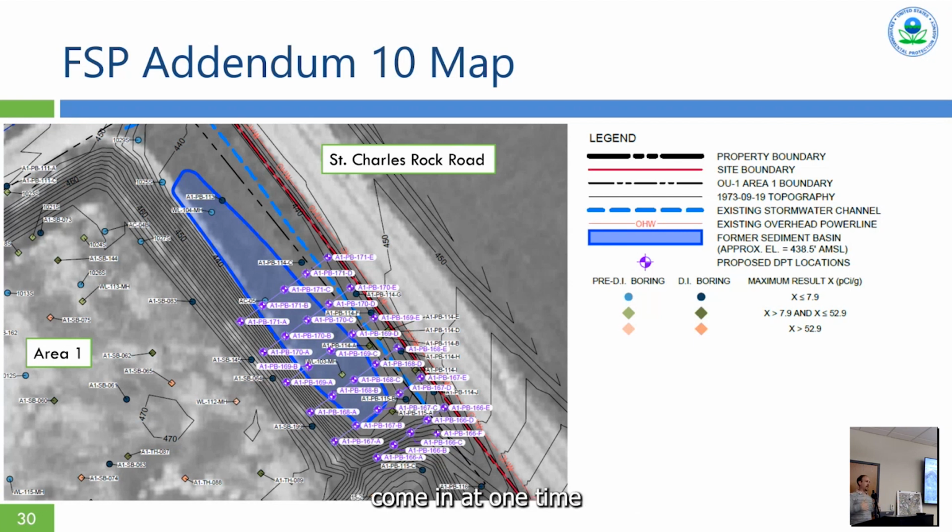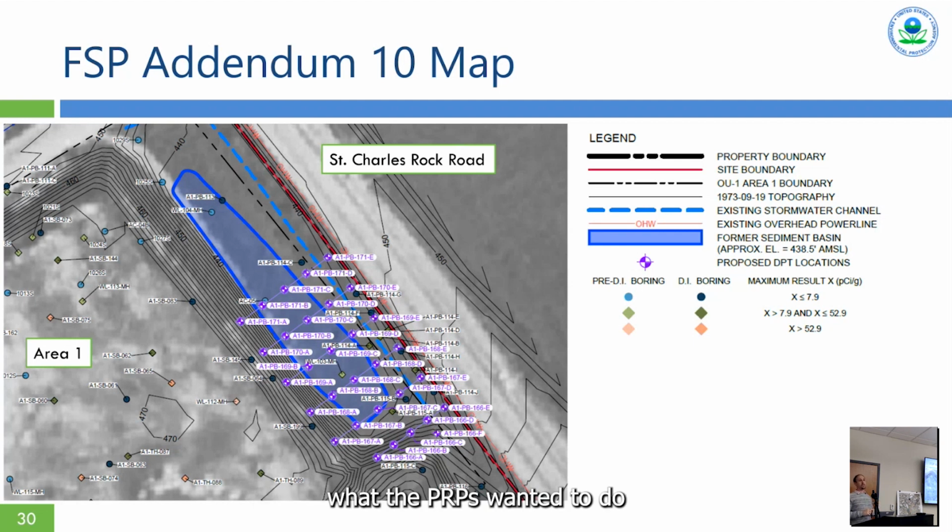We just had a lot come in at one time, and the PRPs wanted to get right out in the field, and we also wanted them to get right out in the field. The thing I wanted to point out about this is these are very closely spaced and several samples here. There's something around 25 to 30 borings.